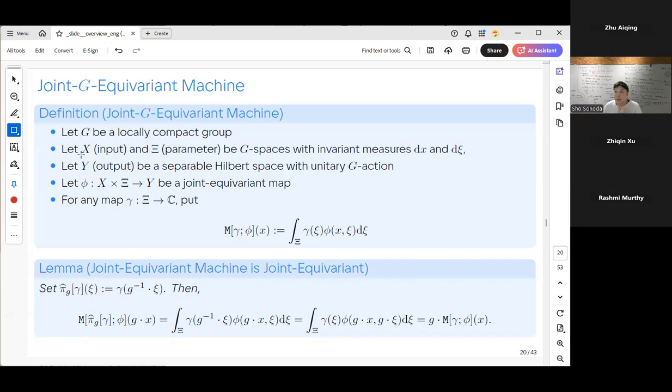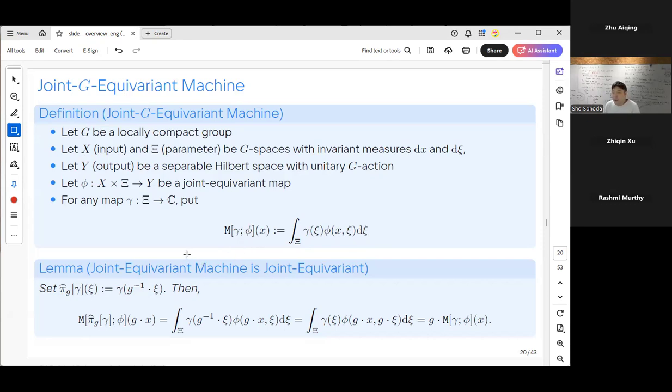So we define a joint equivariant machine as an integration of feature map with respect to dz. In the end, this will be a function of x with weighting function gamma and feature phi.